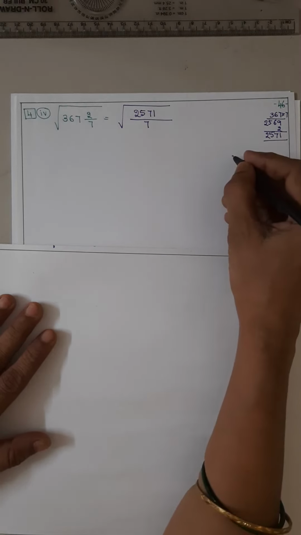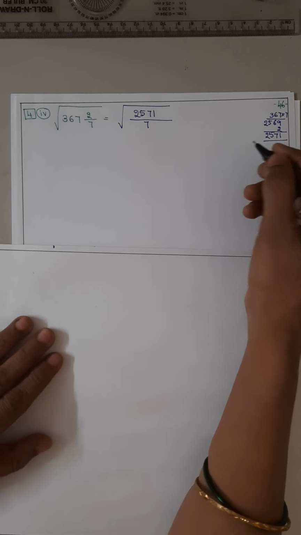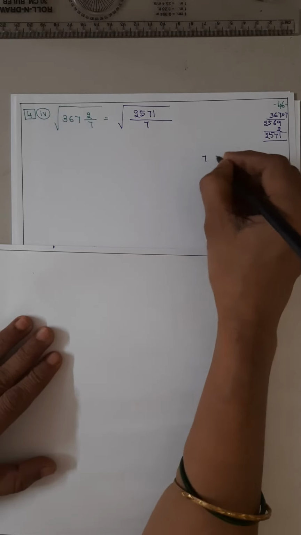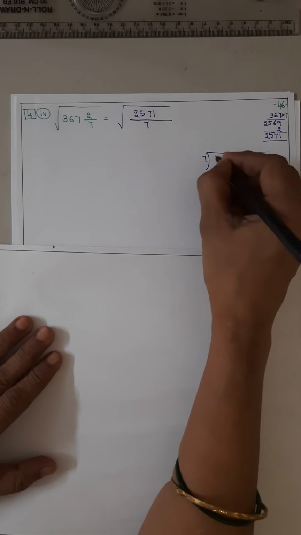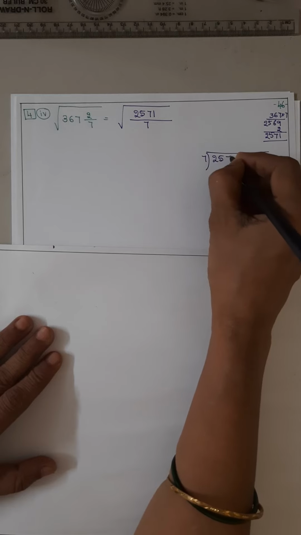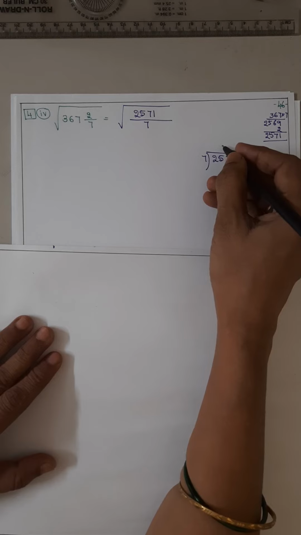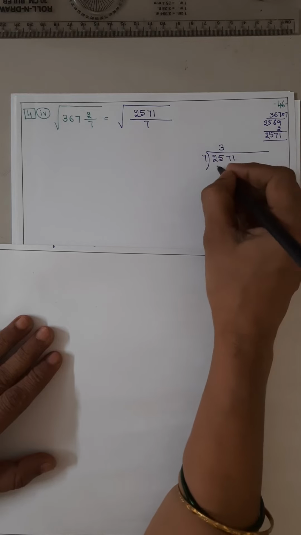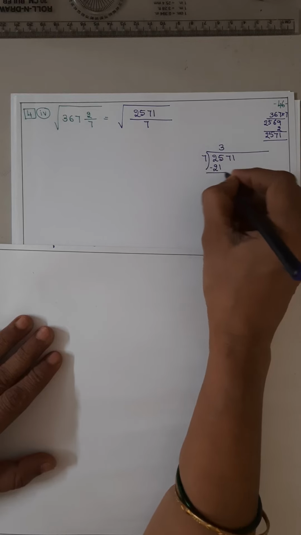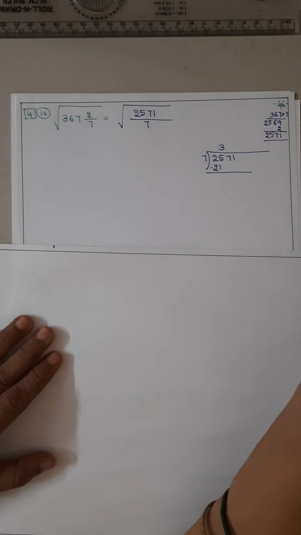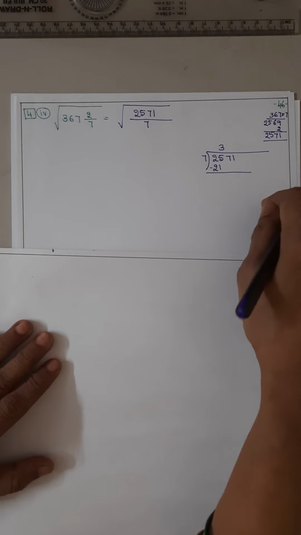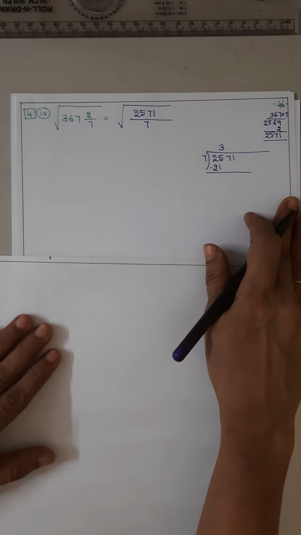Now divide and see. 7 into 2571. 7 3s are 21. It's a big, lengthy process. Remember last year's rational numbers as decimals.